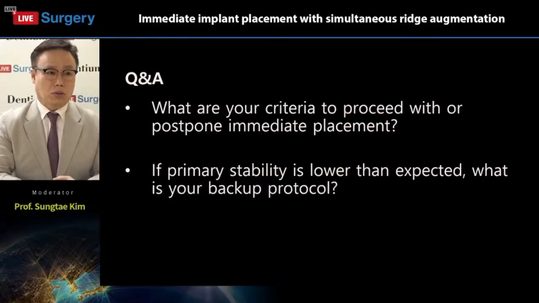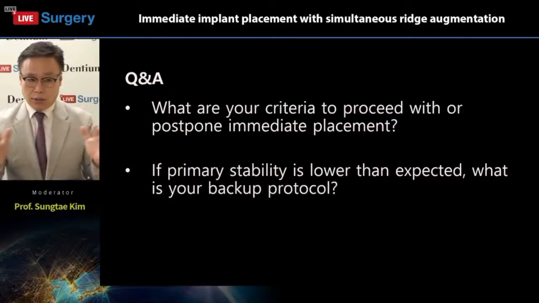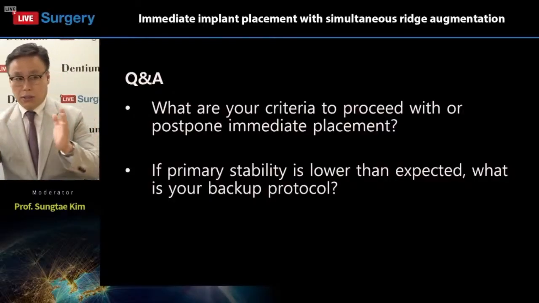I told you the immediate implant placement for the primary stability is really important, but only 3 steps. I told you for lower anterior tooth area, 3 sequences, only three sequences.